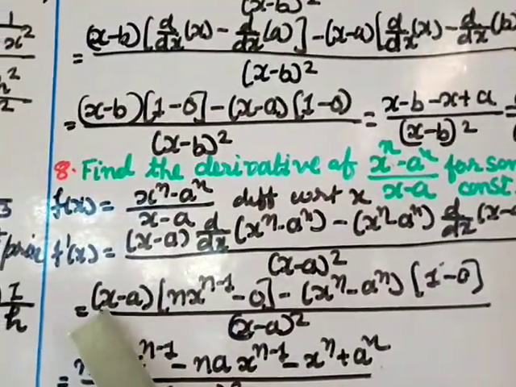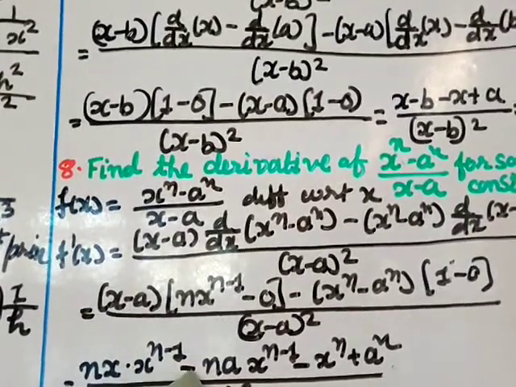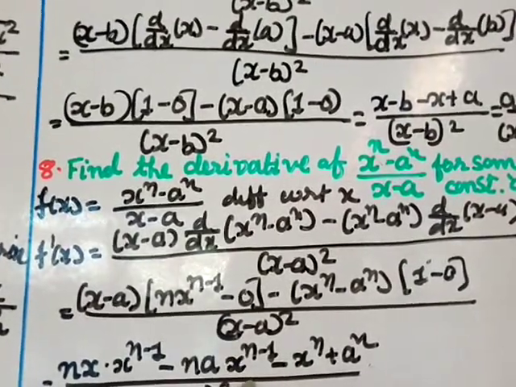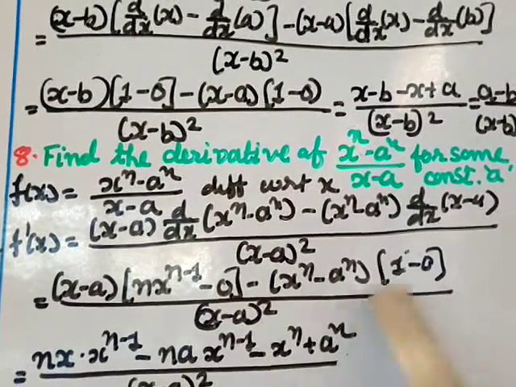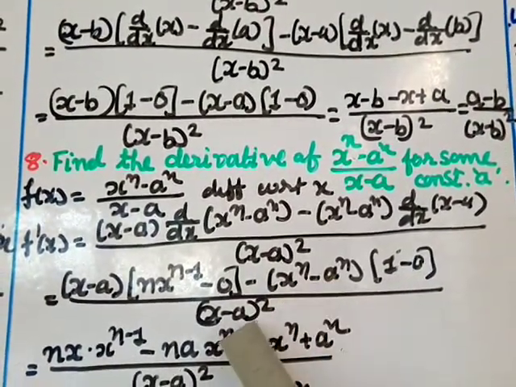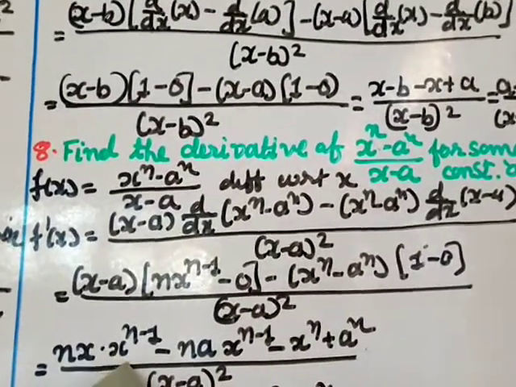So here I am just multiplying, so n x into x power n minus 1 minus a into n, that is n a x power n minus 1. Okay, minus x power n plus a power n, 1 minus 0, that is 1. That's why I can open the bracket here, and denominator x minus a whole square as it is, and this is x power 1 into x power n minus 1.